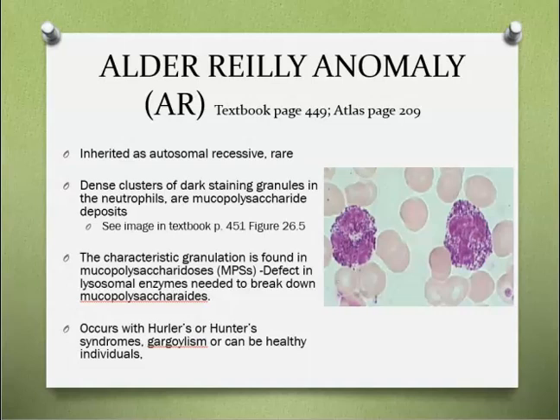So there's a couple of diseases that can end up with Alder-Reilly anomaly cells. It occurs in Hurler's disease. It's a condition caused by a gene where children lack the enzyme to digest sugar. This was also known in the past as gargoylism. And in this particular disease, patients usually have coarse facial features.